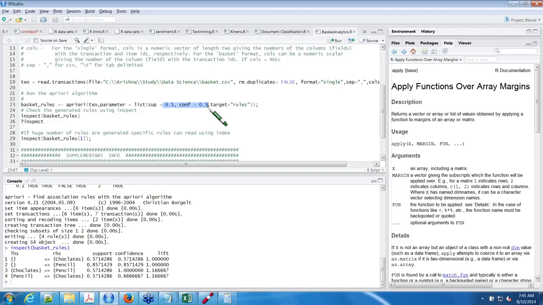So for the majority of things, 90%, I can believe this product will be purchased. Then only those products should be brought to my attention. So then you can change it to 0.9. Got it? It varies, it's not fixed. By trial and error method we'll be changing it. Yes, the algorithm will give only the products which fall under this range of confidence and support. Other products it will not show.